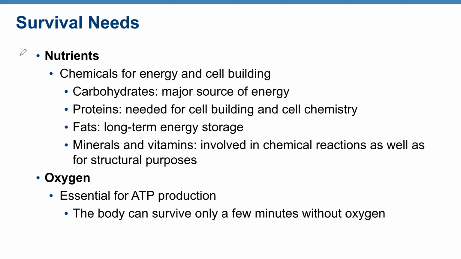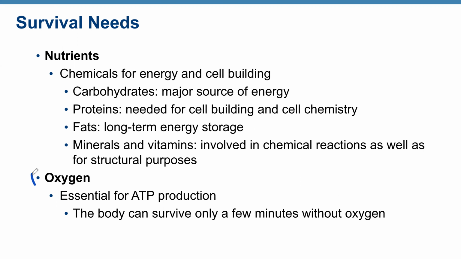Nutrients are chemicals for energy and cell building, include carbohydrates, major source of energy, proteins needed for cell building and cell chemistry, fats, long-term energy storage, minerals and vitamins involved in chemical reactions as well as for structural purposes.